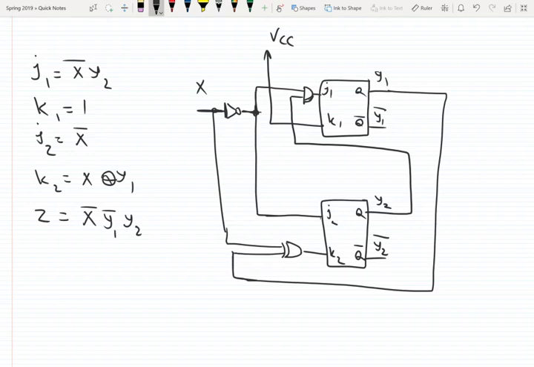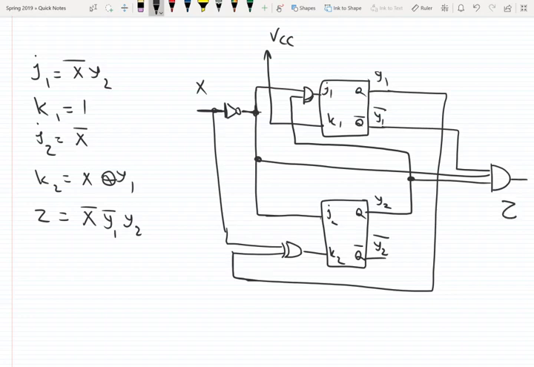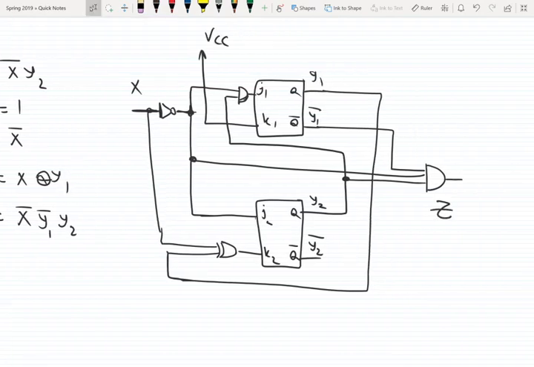What about Z? Z is x bar, y1 bar, and y2. And with this, we designed the circuit.